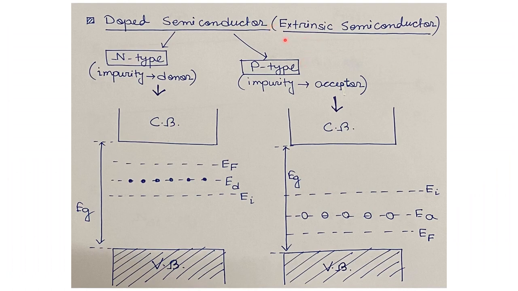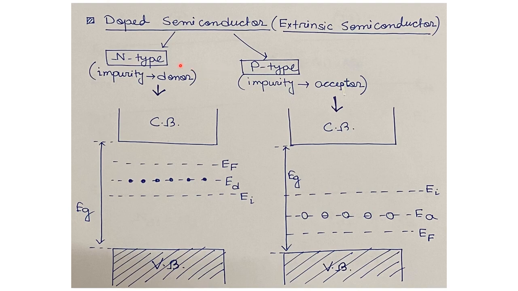If we perform external doping in an intrinsic semiconductor, then it is known as a doped semiconductor or extrinsic semiconductor. Depending on the type of impurity doped in the semiconductor, it is classified into two types. First one is the n-type semiconductor and the second one is the p-type semiconductor.